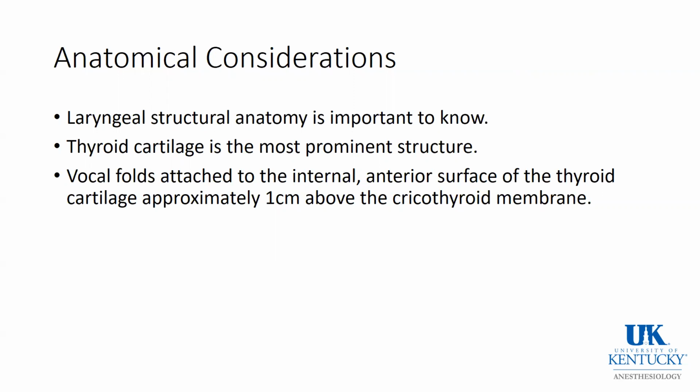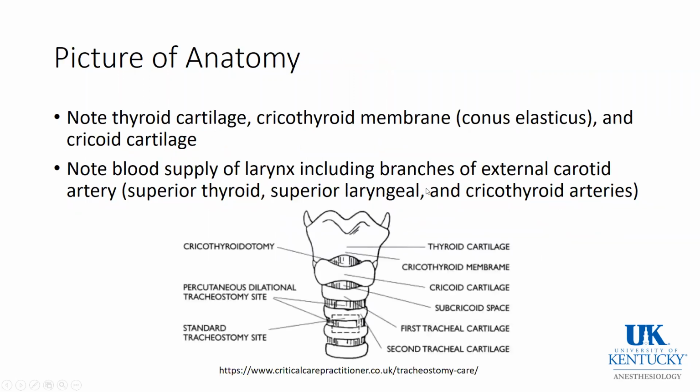Think about where the vocal folds are relative to where you're going to be working if you're doing either of these procedures. Here's a picture of the anatomy from the outside. Note that you have the thyroid cartilage here, the cricothyroid membrane, which extends here, and the cricoid cartilage. The membrane area here, the cricothyrotomy is going to happen right here.